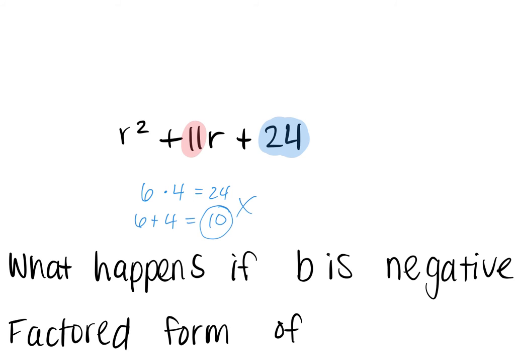What else are multiples of 24? Giancarlo. 3 and 8. 3 times 8 gives us 24. Good. What happens when we add 3 plus 8? 11. Is that what we wanted? Yes. So we just write x plus 3 times x plus 8. We found our factors.